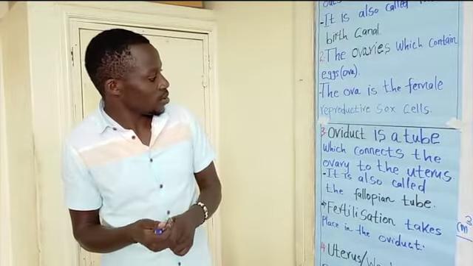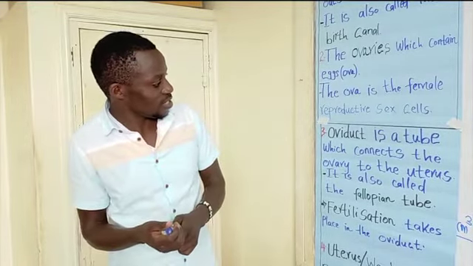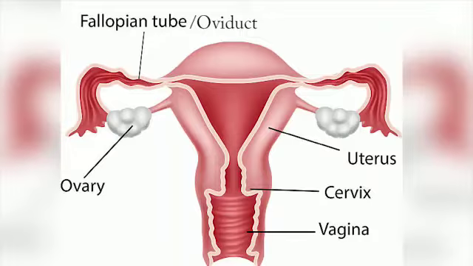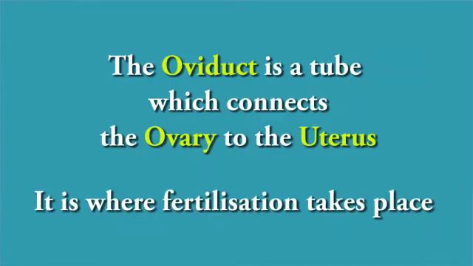Another part that I want us to look at in detail is the oviduct. We have two oviducts, one on the right side and another one on the left side. The oviduct is a very important part in the female reproductive system because this is a place where fertilization takes place.